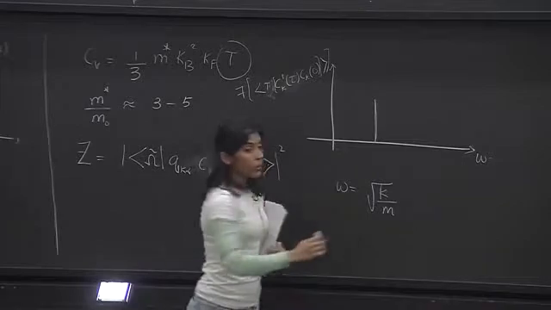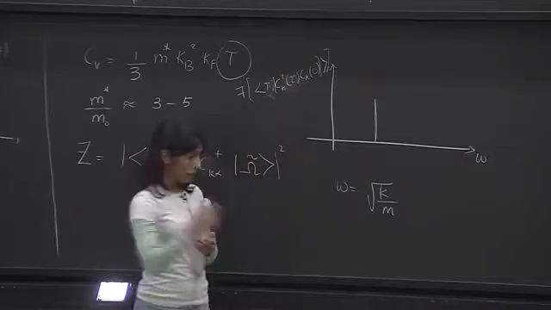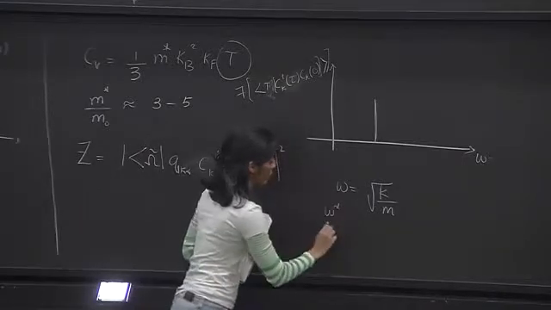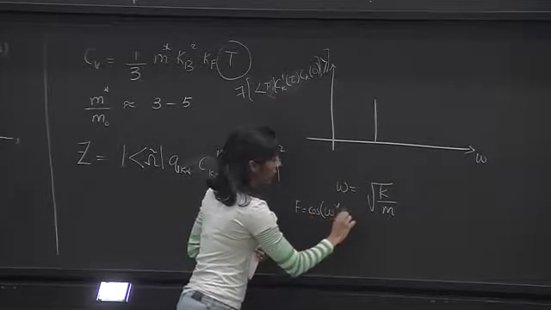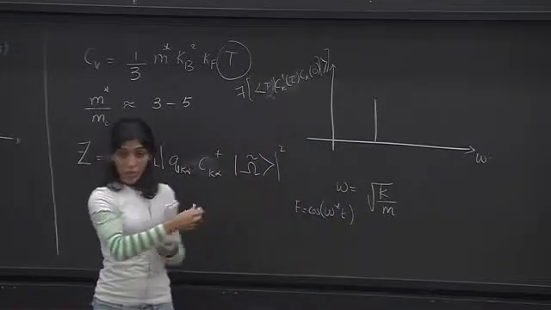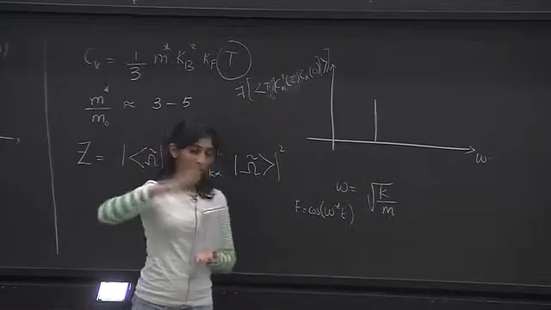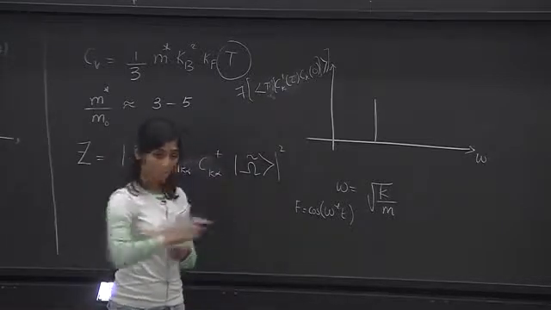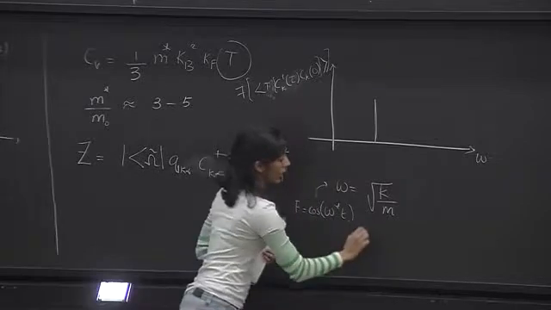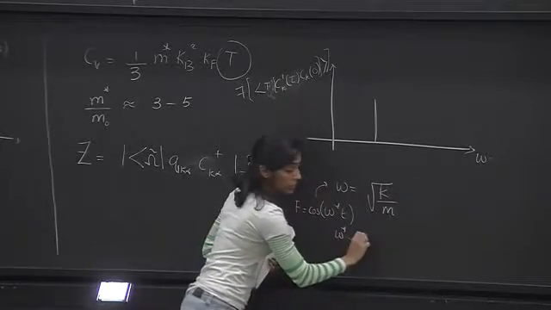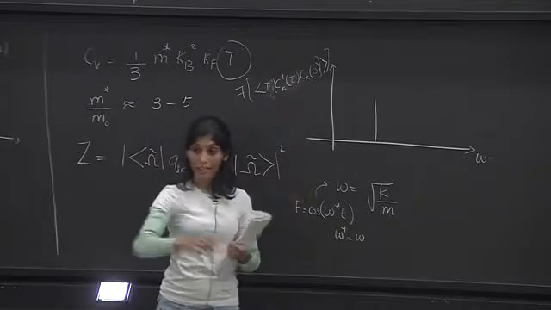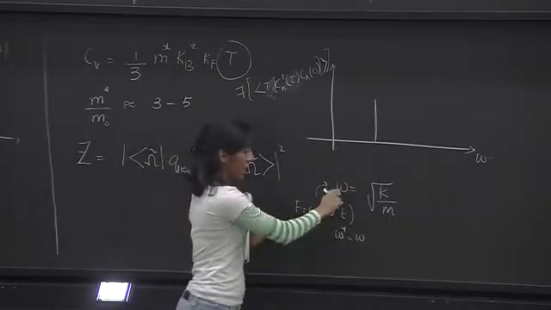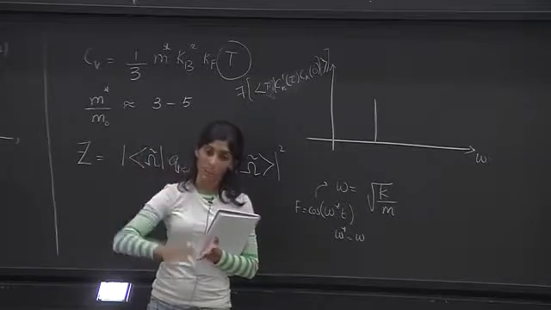When you try to drive the spring at different frequencies omega star, imagining a force that you apply, which is cosine omega star t, you'll find that most of the time you're unable to inject energy into the system, except when omega star exactly equals omega. Everyone's seen this before: there's a sharp resonance because this is the natural frequency of the system, and you're able to inject a lot of energy.